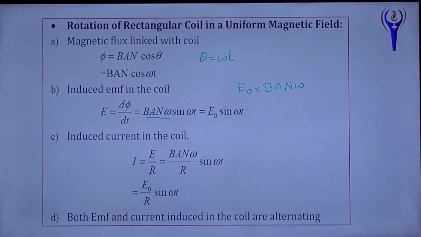And induced current in the coil I equals E by R, which is B A N omega by R sin omega t, so I equals E naught by R sin omega t. Both EMF and current in the coil are alternating with respect to time.